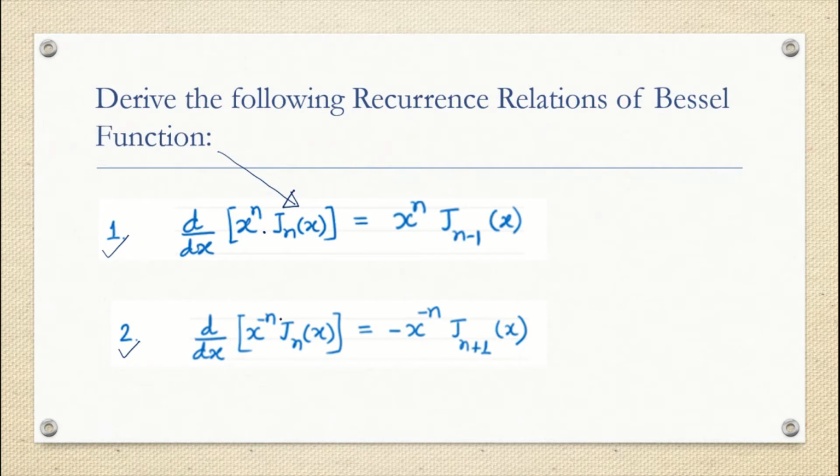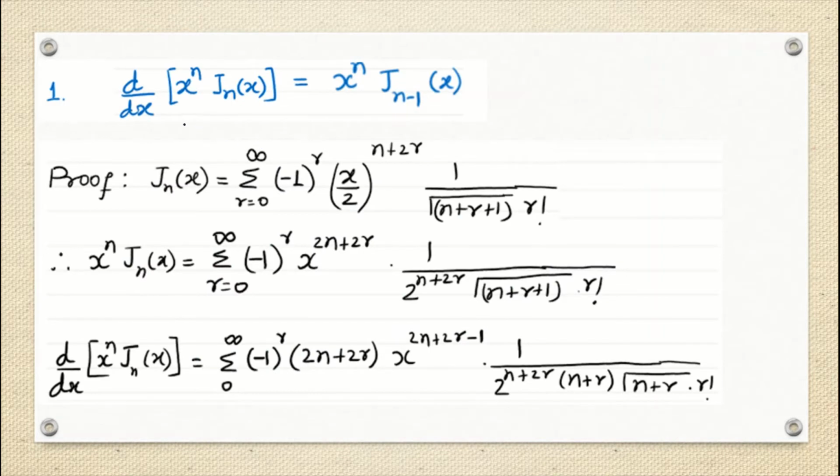Similarly, if we multiply J n x with x raised to minus n and then find the derivative, finally we will get the answer as negative of x raised to minus n times J n plus 1 x. Okay, now we will start this derivation.